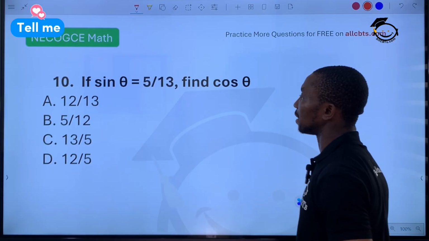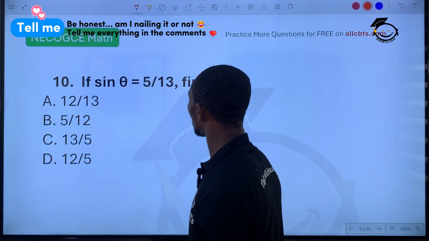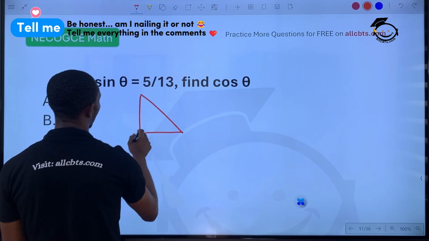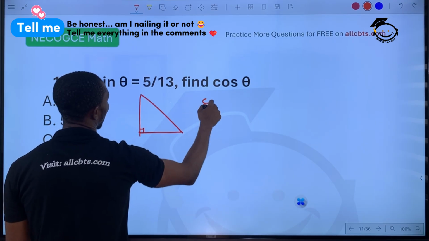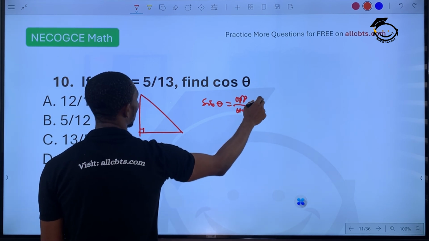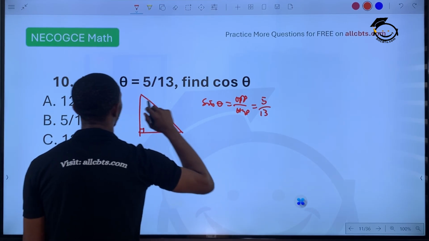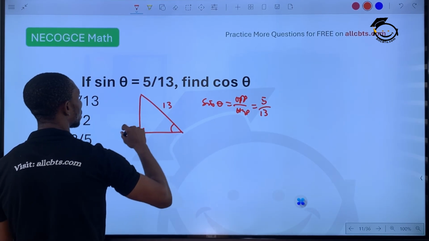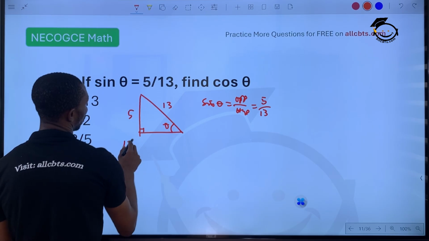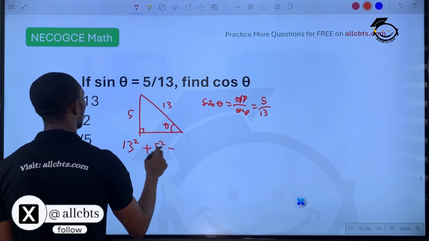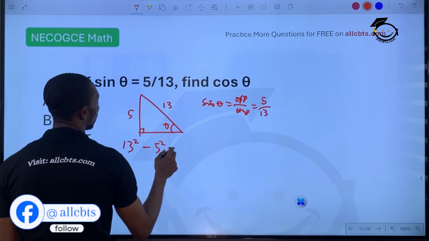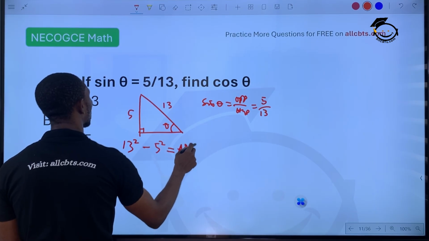If sine theta is 5 over 13, what is cos theta? Looking at our Pythagoras theorem, sine theta equals opposite over hypotenuse. So we are told that our opposite is 5, hypotenuse is 13. Let's assume this is our theta. So we apply Pythagoras rule, 13 squared minus 5 squared equals adjacent squared.